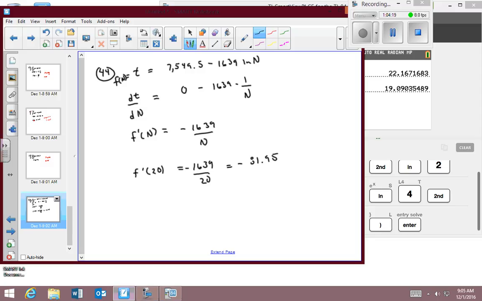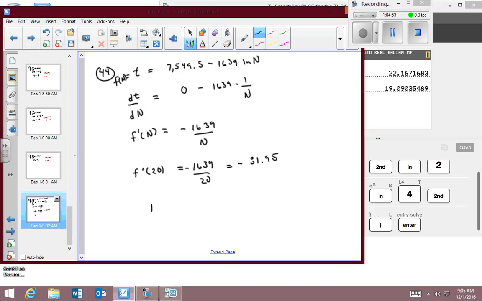No, it says the number of years T. There are 100 grams of radioactive element present. So the decay over that 20 years is 81.95.